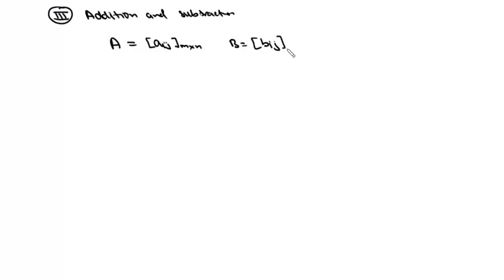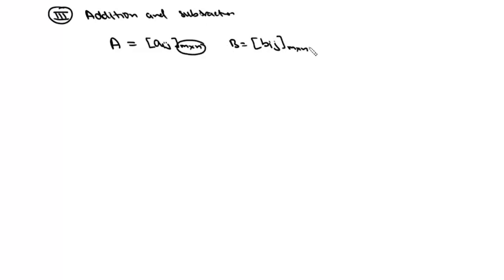Now this third one is addition and subtraction. If we have two matrices A and B, and A is Aij, m cross n, and B is Bij, m cross n.